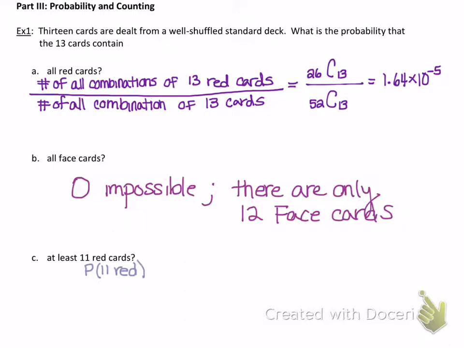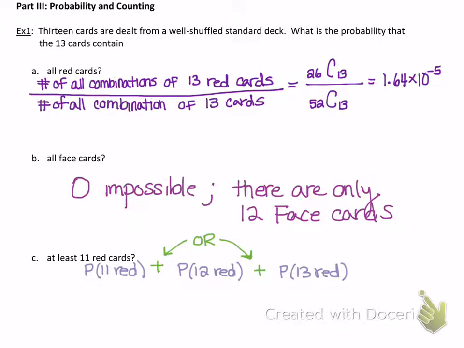Or we could have the probability of 12 red cards, because that's still at least 11. Or we could even just have all 13 be red. So what's that probability? Now, since I'm saying or, this implies that we are going to add all three of these probabilities together.